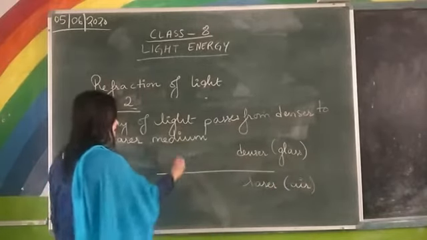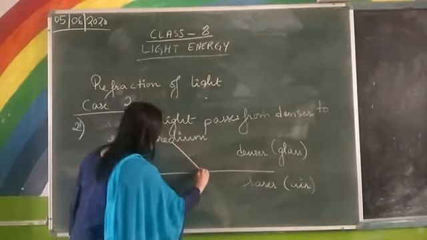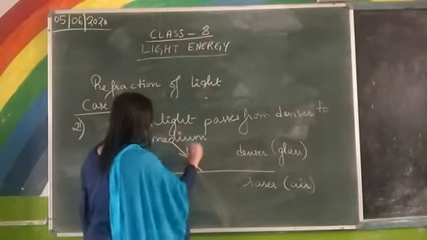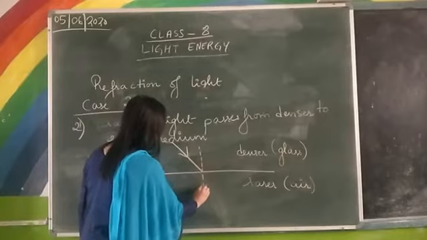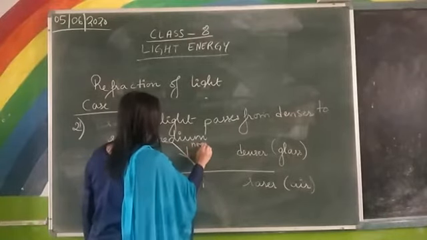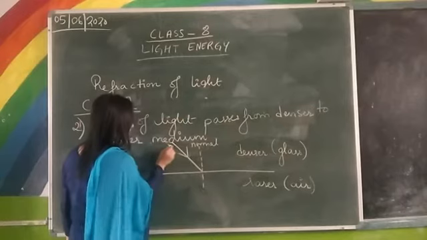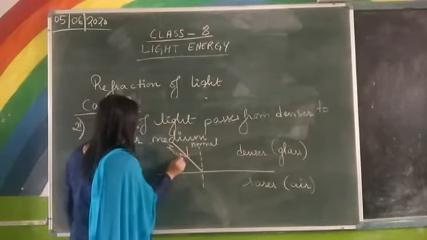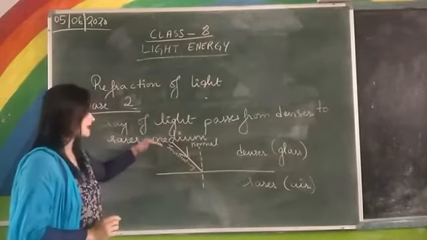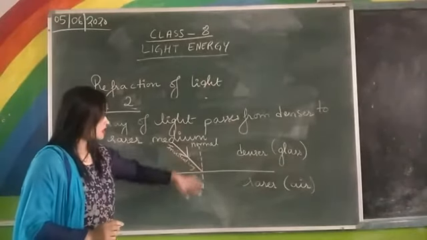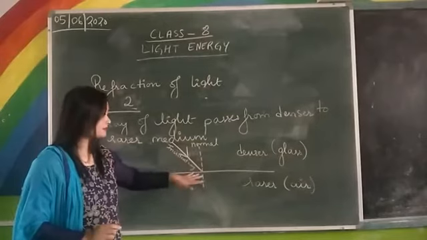Okay, what happens is a ray of light falls on the surface and this is your normal. This is your incident ray. Now, when a ray of light falls on a surface, what will happen?